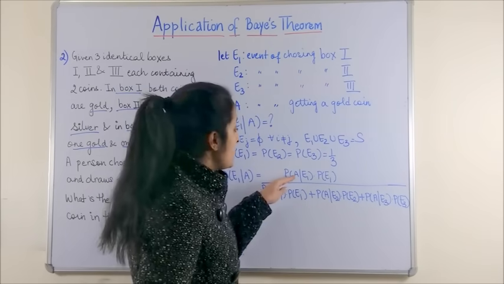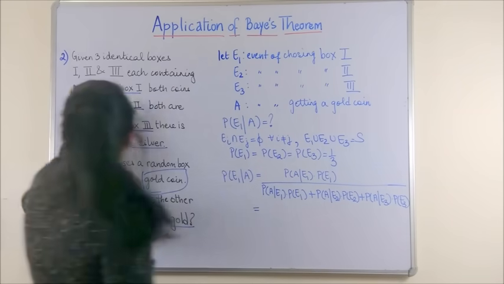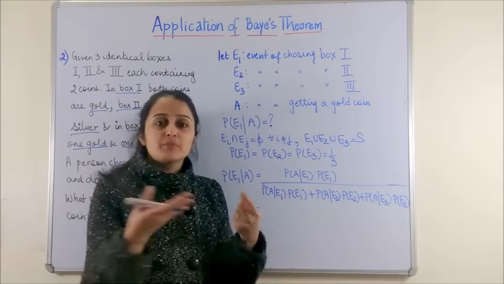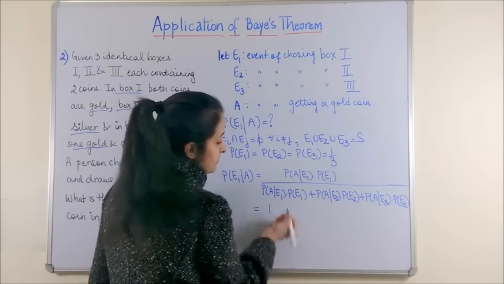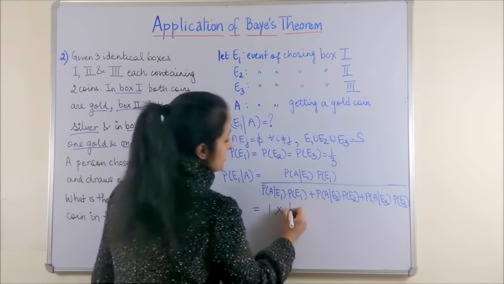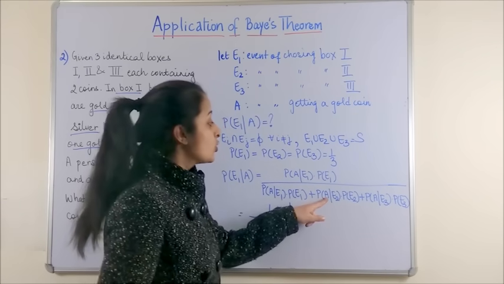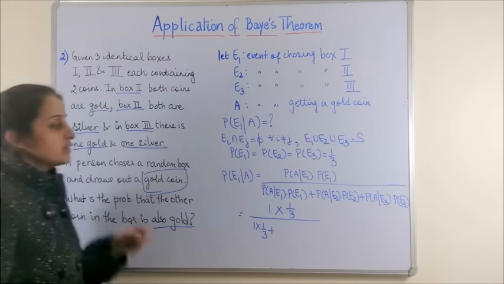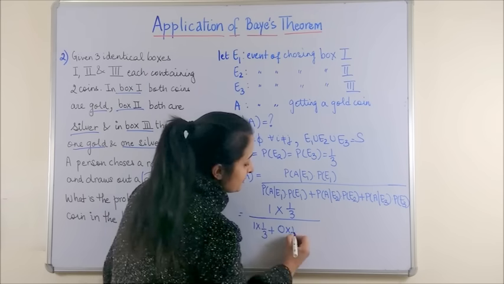Now let's start filling up the values here. This one tells the probability of getting a gold coin from box 1. So the probability of getting a gold coin from box 1 is of course 1, because both the coins are gold only. So the probability is 100%, which is 1. Probability of E1 is just 1 by 3. Now the probability of getting a gold coin from box 2. Since box 2 has both silver, the probability of getting a gold coin has to be 0.